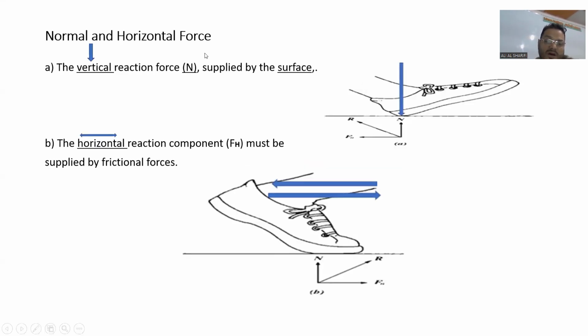Here, the normal and horizontal forces. The vertical force N is supplied by the surface. Like I said before, the first step, when we put our heel on the ground, will be the vertical force, symbolized as N. After that, to take the second step, there will be the horizontal reaction component, that means horizontal force FH, which must be supplied by frictional force. By these two steps, the frictional force is important to make us walk safely.